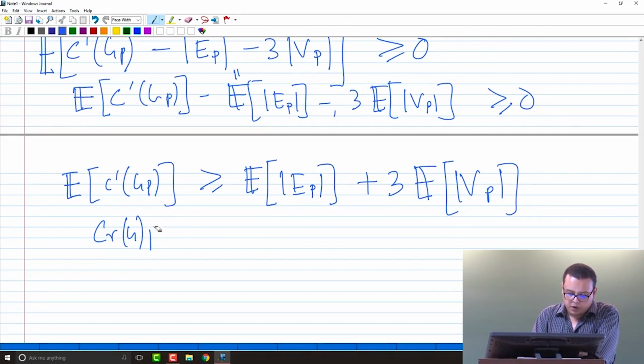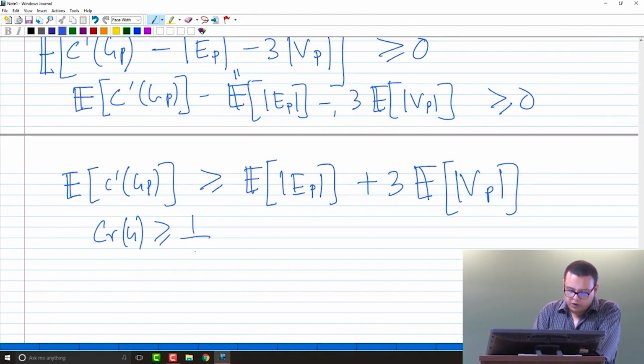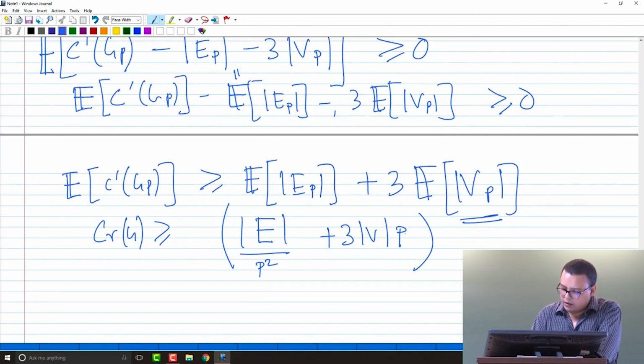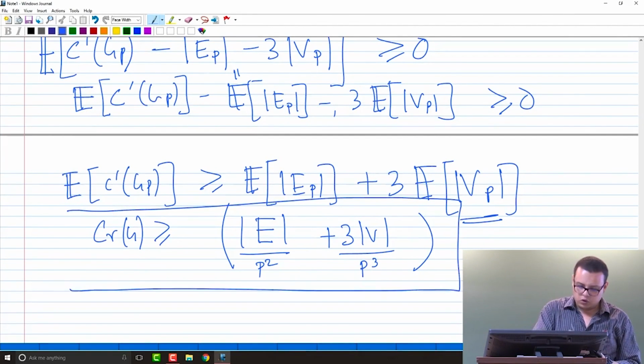So P to the power 4 is 1 by P to the power 4 times, what is the expected value of EP? Size of E times P square plus size of V times P. Simplifying further, we get P square, P cube. So this equation is true for all P.